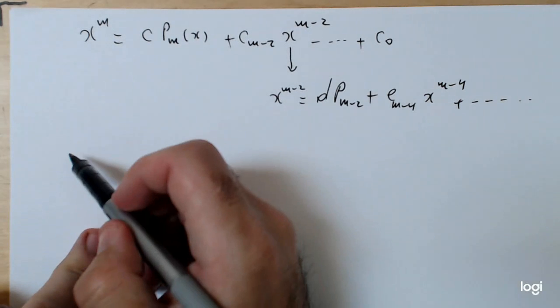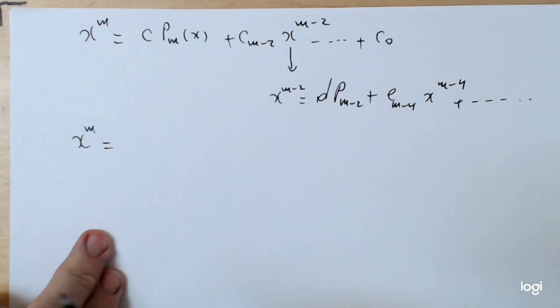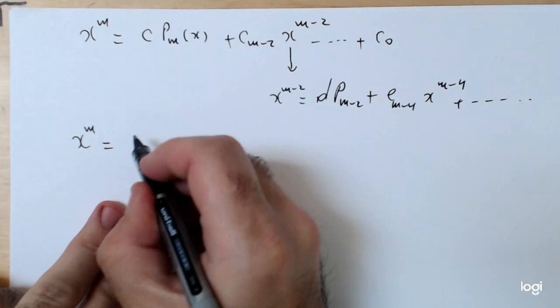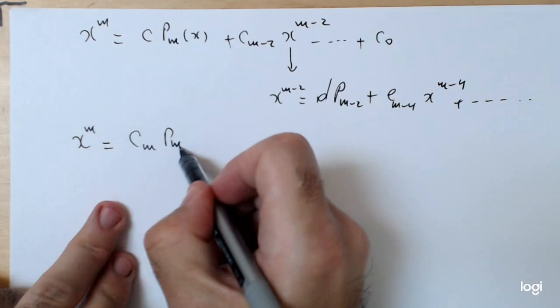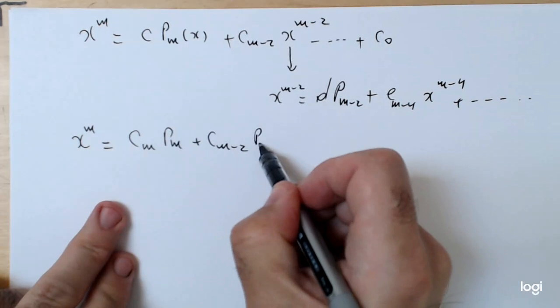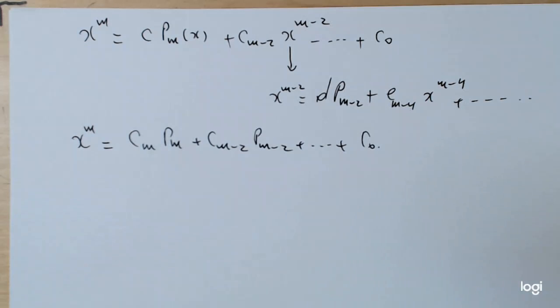So in the end, x to the m can be written as some linear combination, let's call it c_m P_m, c_{m-2} P_{m-2}, so a linear combination of even Legendre polynomials.